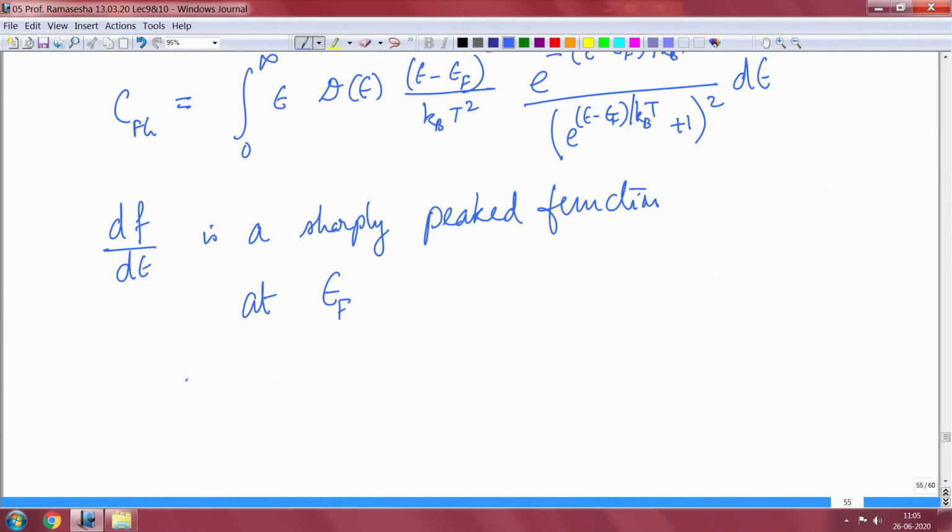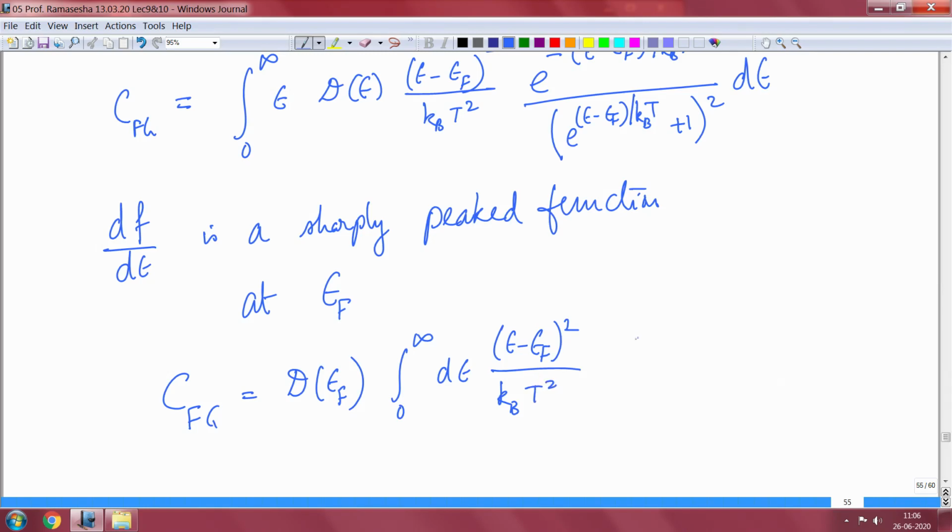So I can write down C of the Fermi gas as equal to D of E_F times kB squared times the integral from 0 to infinity d epsilon of (epsilon minus epsilon_F) the whole squared divided by kBT squared, times e to the (epsilon minus epsilon_F) by kBT divided by (e to the (epsilon minus epsilon_F) by kBT plus 1) the whole squared.